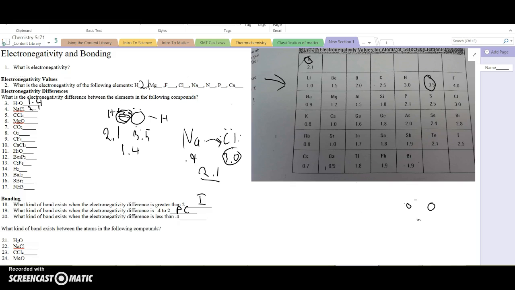And then finally, we have bonds that have an electronegativity difference less than 0.4, and those would be non-polar covalent bonds. So if we take a look at something like O2, so we have 2 oxygen atoms.